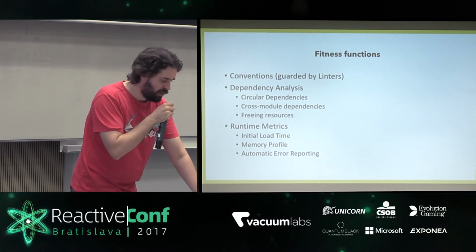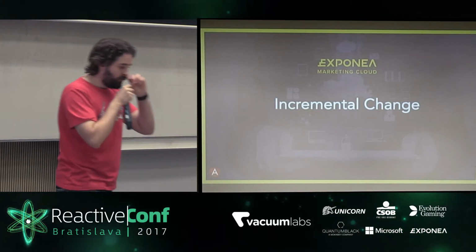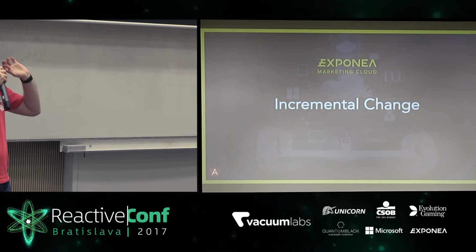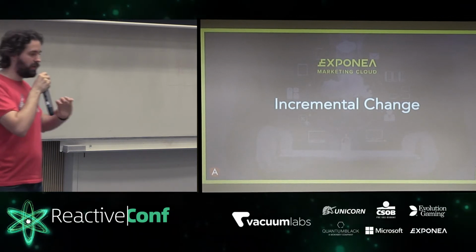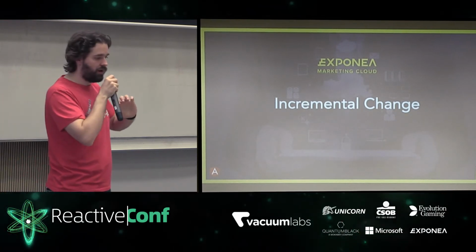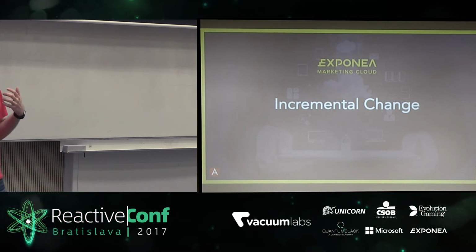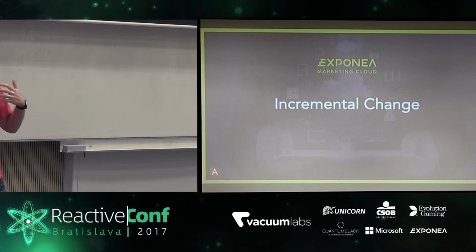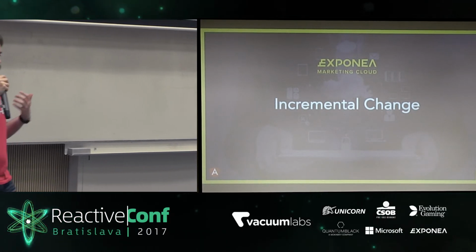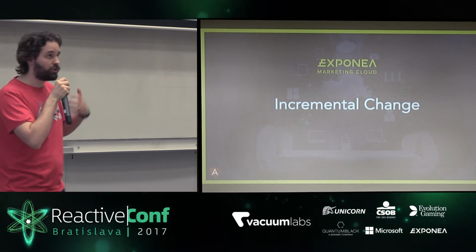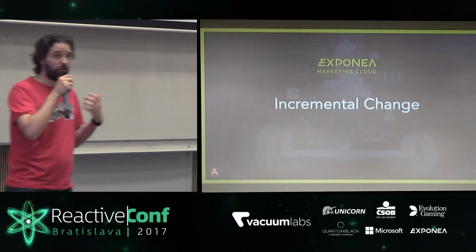So those are fitness functions, and the idea is that when you have architecture and you can continuously measure how fit it is, you can actually change it, because you will every time know whether your project is still fit, even though you don't watch every change in the project.